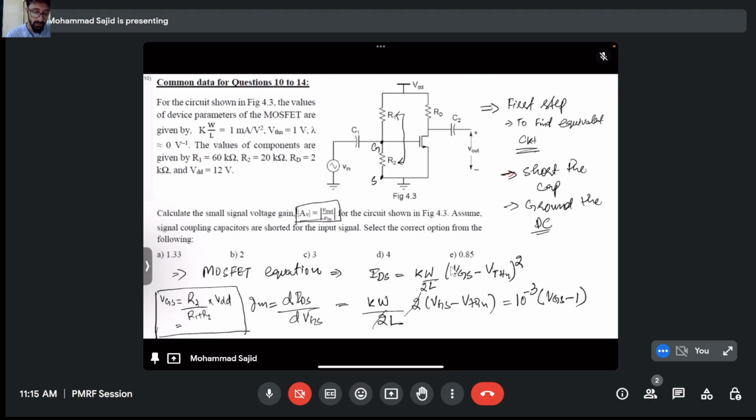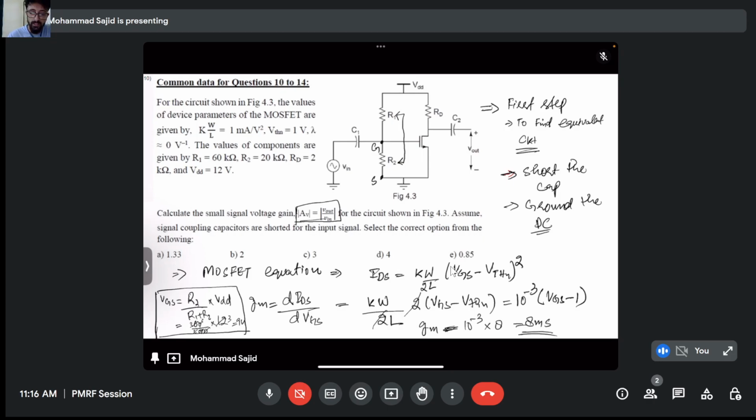R2 is 60 divided by 20, that will be 60K, 60 divided by 80 into VDD, which is 12. Okay, 4, 2, 4, 3, 2, that is 9 volt, right? Can we cross check it? 2, 4, 3, right? So my gm will be 10 to the power minus 3 into 9 minus 1, which is 8, that is 8 milli Siemens.